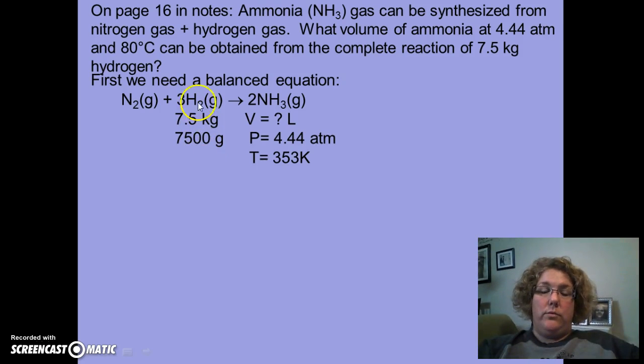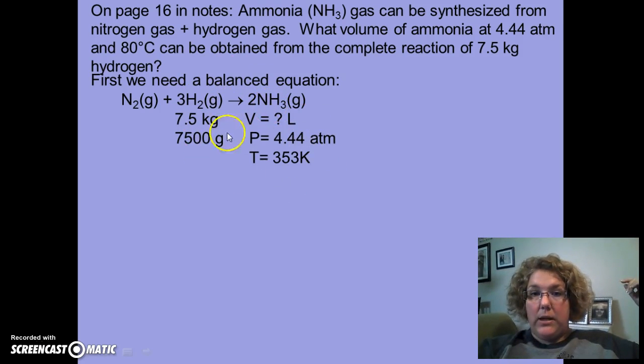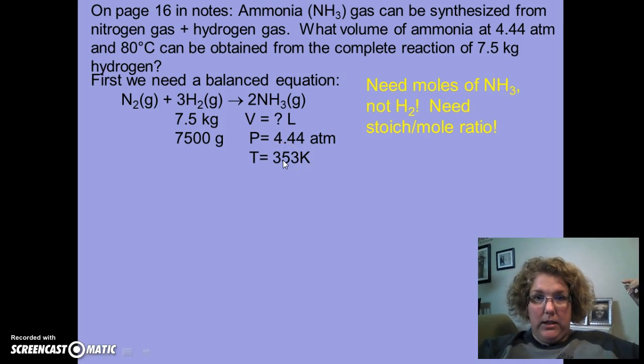Okay, so we'll have to do good old-fashioned stoichiometry to get from mass of hydrogen to moles of ammonia. Then we can do PV equals nRT to solve for volume. Whee, fun animations. All right, so we need moles of ammonia, not hydrogen. Okay, we need a stoich mole ratio here.